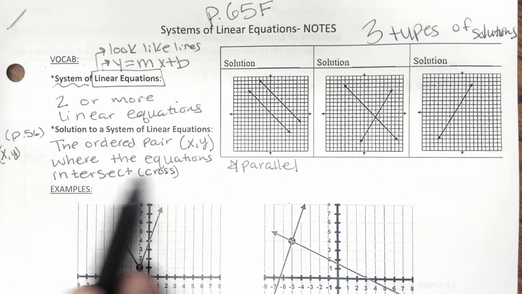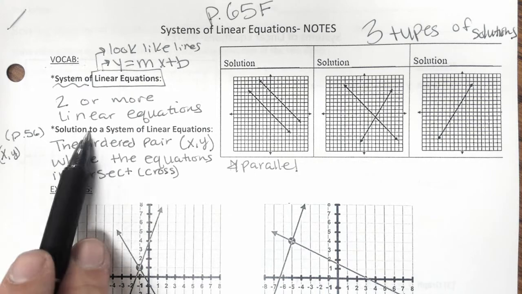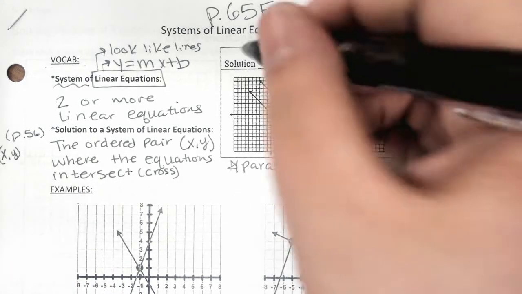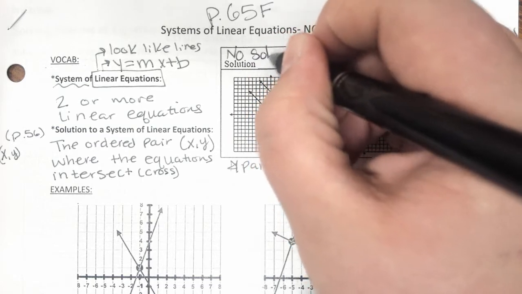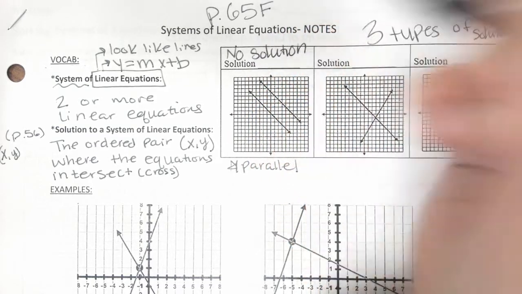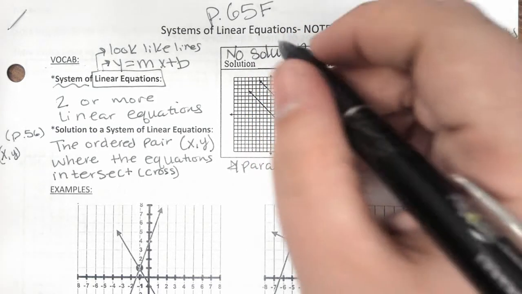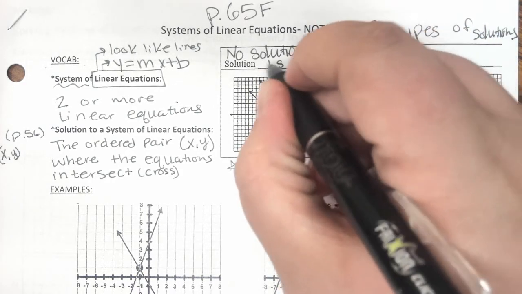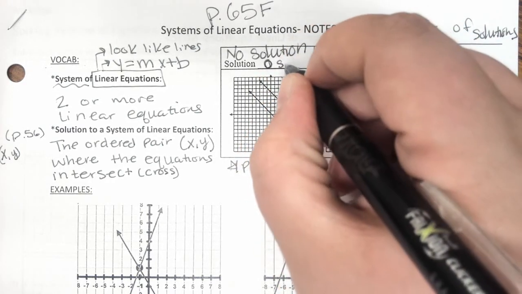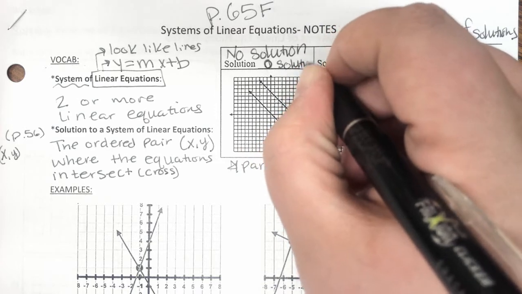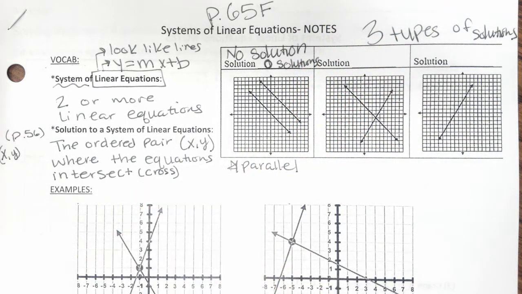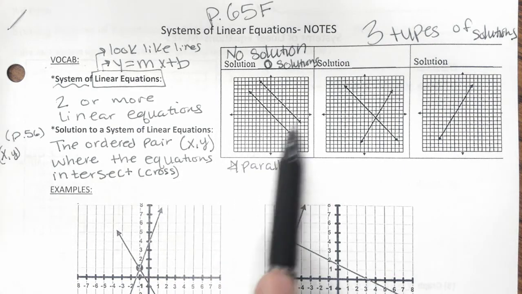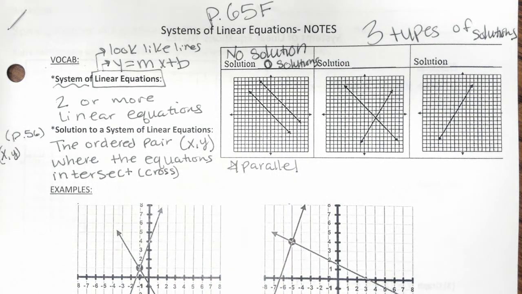If they never intersect, then they do not have a solution. So when you have parallel lines, there is no solution. Another way you can say that is there are zero solutions. So you might see the words no solution or zero solutions when you see two parallel lines.